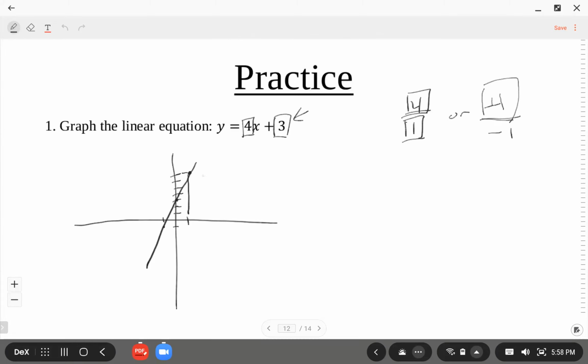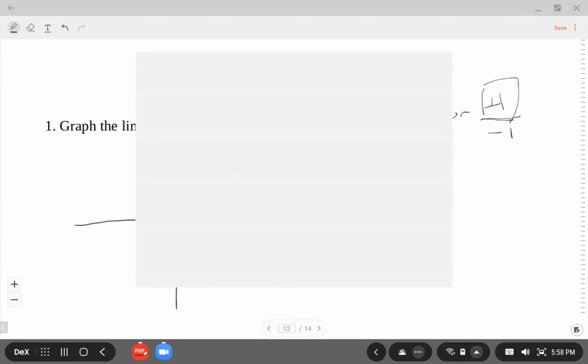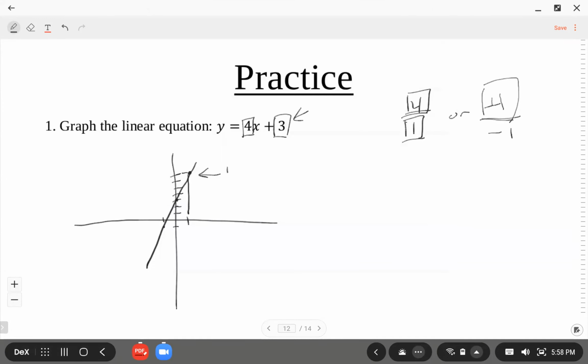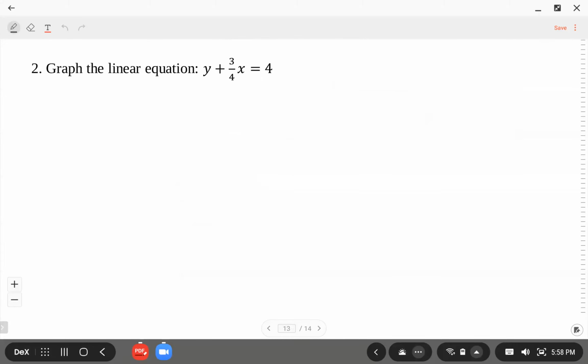So let me give an example. This point would be 1, 7, right? 1, 7. And then the y-intercept would just be 0, 3, right? And then our last one would be -1, -1. Okay, so just put the coordinates of 3 points in the chat box, okay?